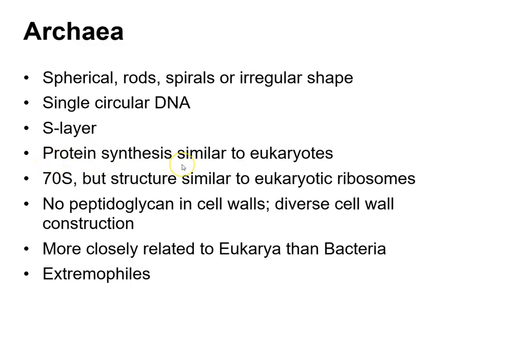Protein synthesis is very similar to how eukaryotes go about protein synthesis using their ribosomes. We said the ribosome is a 70S, just like bacteria, but the structure resembles eukaryotic ribosomes. They do not have peptidoglycan in their cell walls. Instead, they have pseudopeptidoglycan, and their cell walls have much more diverse construction than we see in the bacteria.